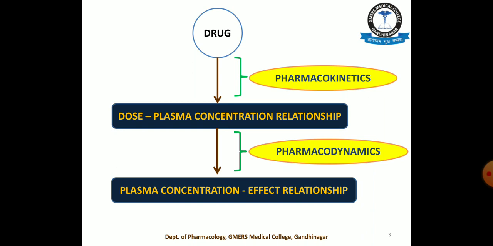So in short, first there is a dose plasma concentration relationship and then a plasma concentration effect relationship. That is known as the dose response relationship. It means that the amount of drug you give produces a certain amount of response, and the relationship between the dose and the response is known as the dose response relationship.